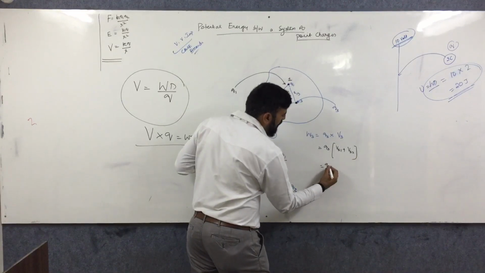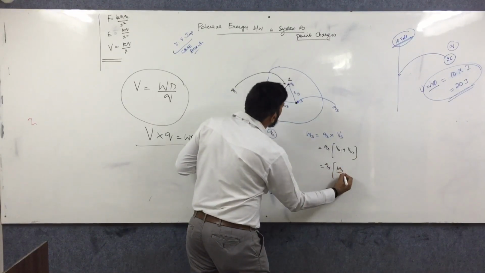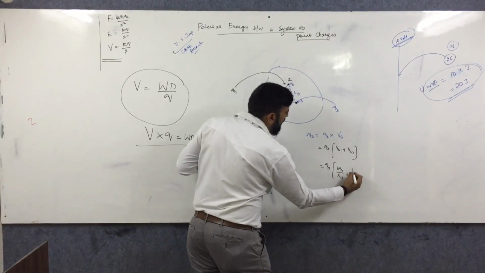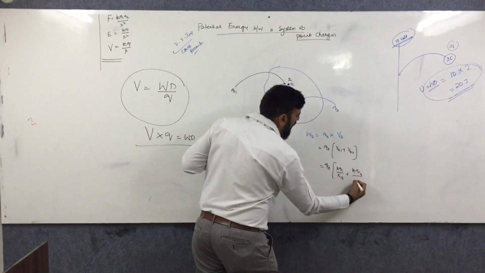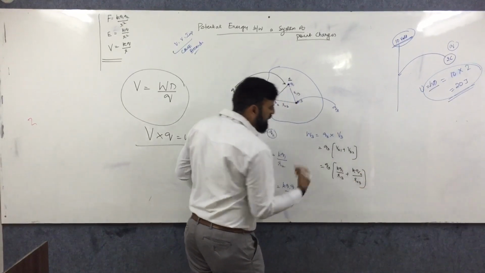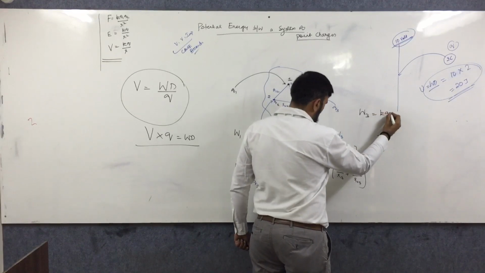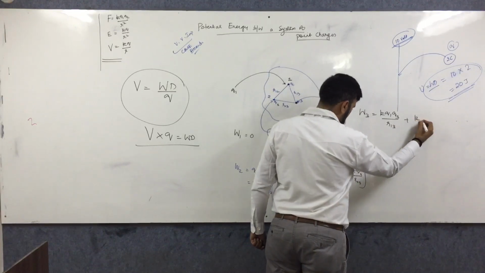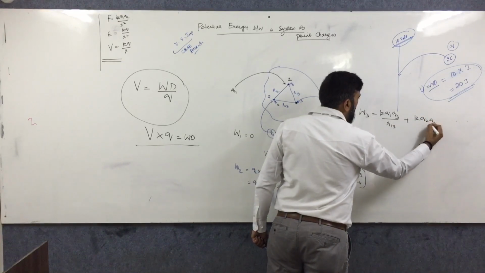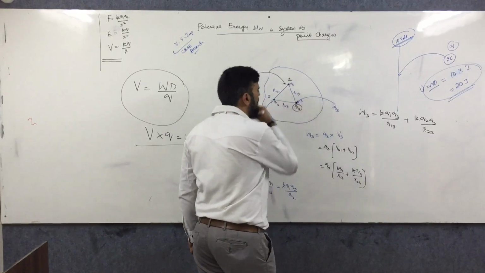So this gives me Q3. What is potential at 3 due to 1? K Q1 upon R13 and K Q2 upon R23. So the work done W3 will be K Q1 Q3 upon R13 plus K Q2 Q3 upon R23. So I keep Q3 also here.